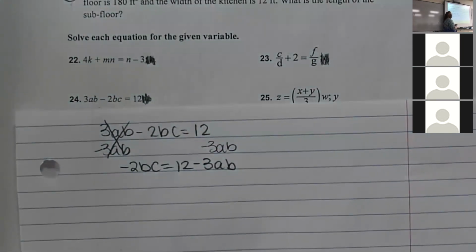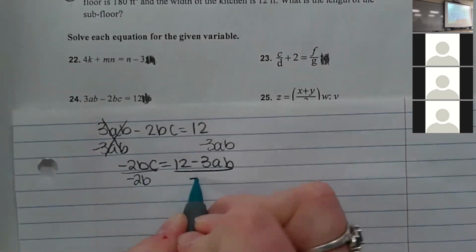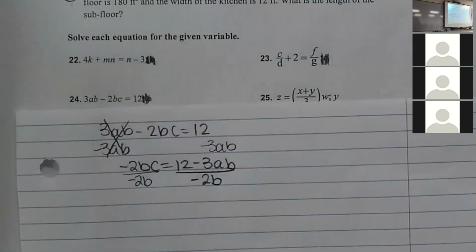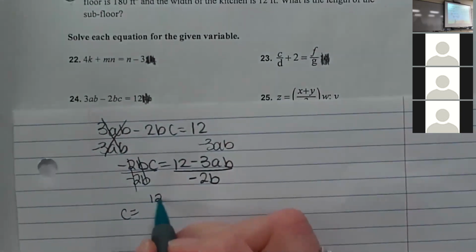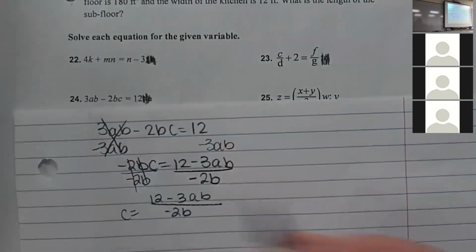Multiplying. What's the opposite of multiplying? Divide. So I'm going to divide both the negative 2 and the b out. So I'm going to divide by negative 2b on both things. So I'm just going to make a big line and put a negative 2b on the bottom. Those are gone, so I'm just going to rewrite it. Don't make it harder for yourself. Just leave it all over negative 2b.